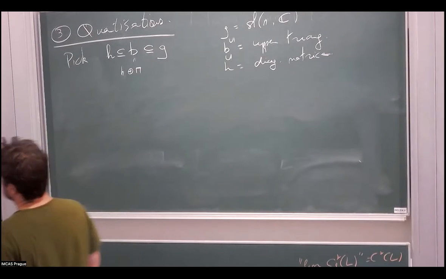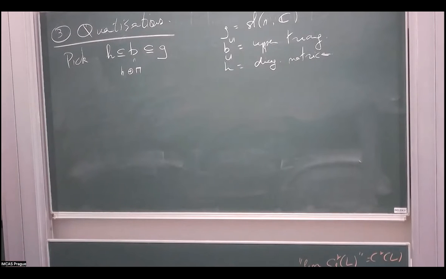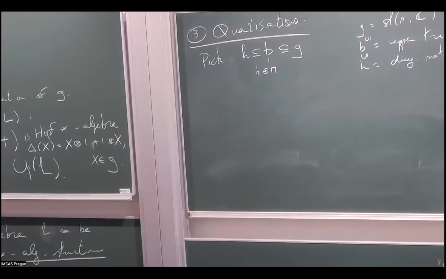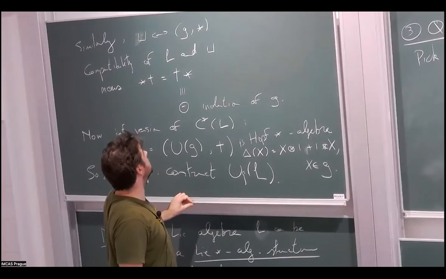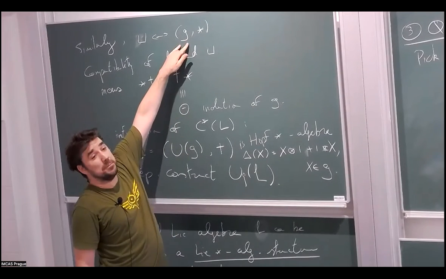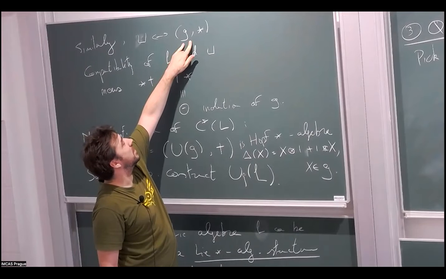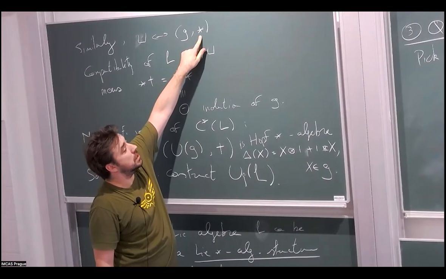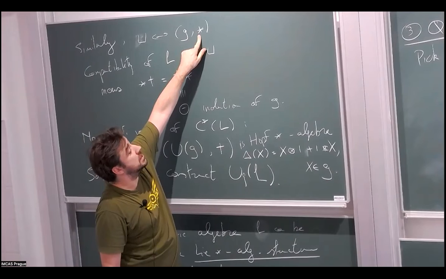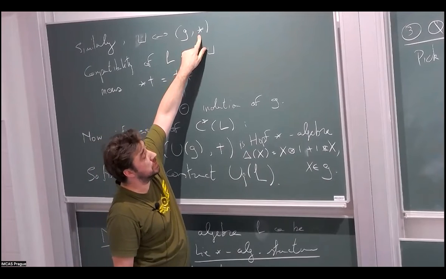Now, as I told you, for G I can choose some maximal compact subgroup, and then G will be the complexification of the Lie algebra of this maximal compact subgroup. This gives me a star, and I can always assume that my H is invariant under star.